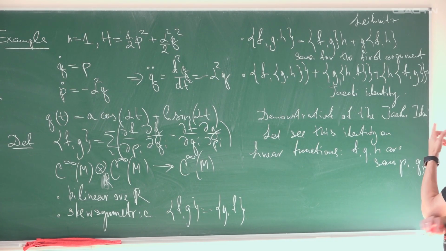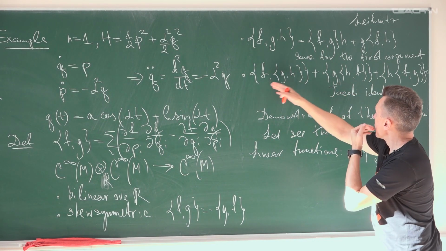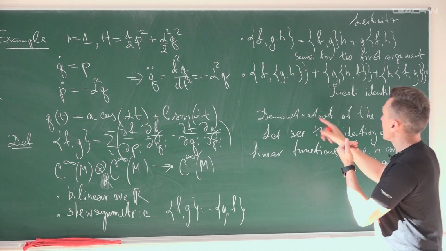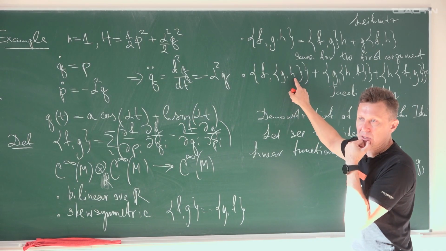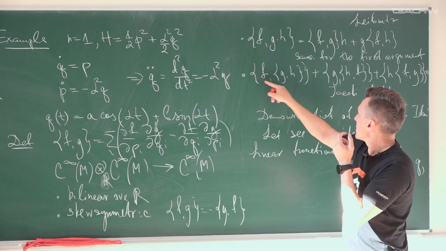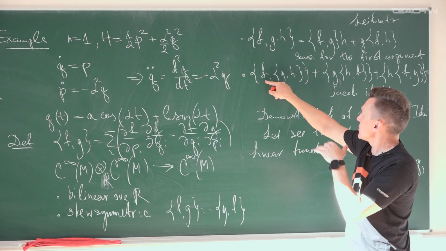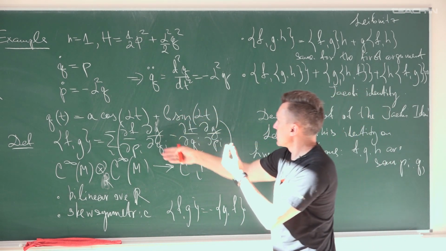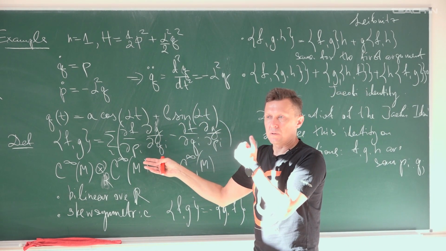But if we see carefully this expression, if all functions here are linear, then the first bracket here gives a constant. And the Poisson bracket of each function with a constant is 0, because it is defined by differentiation.